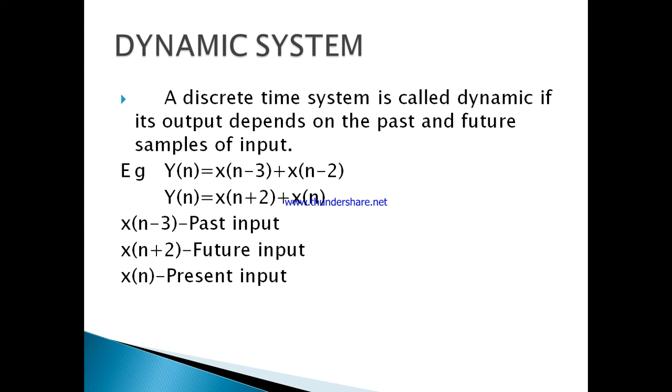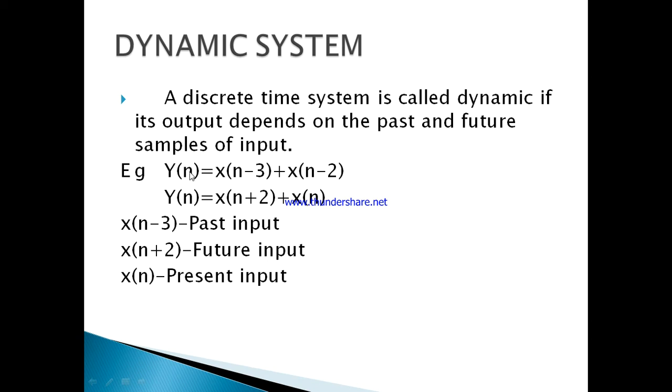Next one, dynamic system. A dynamic system means its output depends on the past and future samples of input. So here y of n is the output and x of n minus 3.